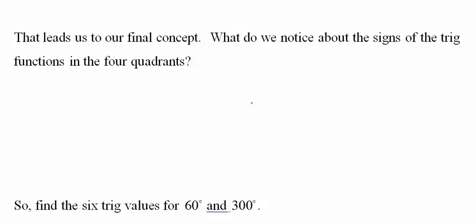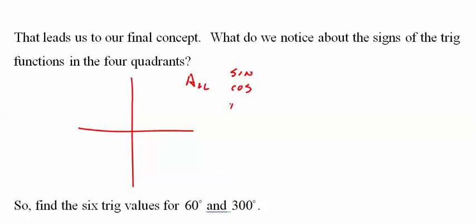I told you I'd talk about the signs, so here we go. Everything is positive up here. A stands for all: sine, cosine, and tangent. I'm not doing cosecant, secant, and cotangent. They're the same sign. They're all positive. S stands for sine, meaning that cosine is negative and tangent is negative.